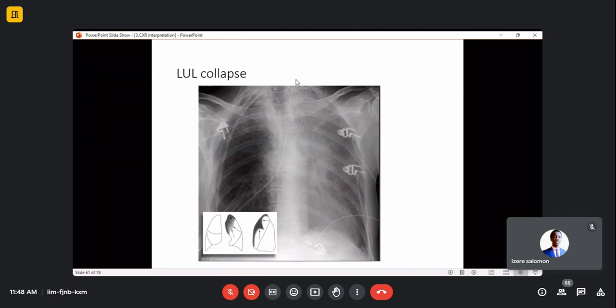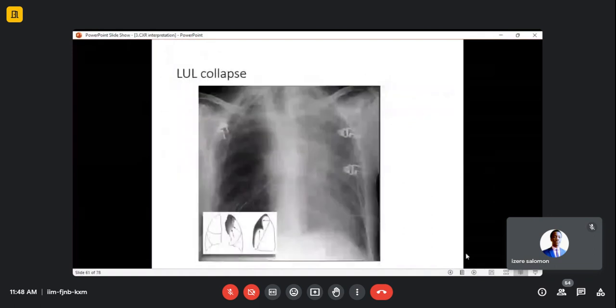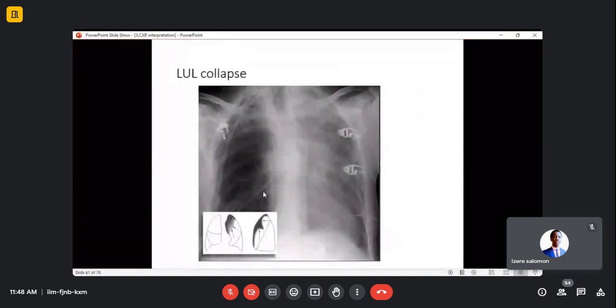And let me tell you the truth, by seeing this deviation, and this elevation of the hemidiaphragm on the left side, I know the opacity here should be a collapse, something that's collapsing. And when I read this text and think about what happens, I can tell with confidence that this is left upper lobe collapse.